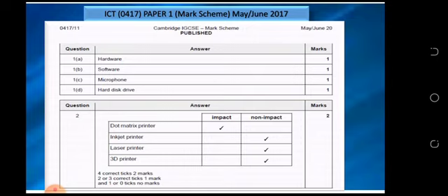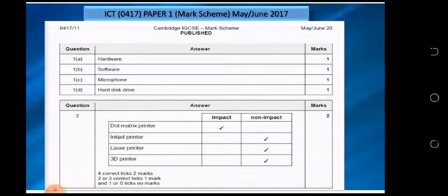Now this is the mark scheme for the second question. For dot matrix printer, you can see that they tick impact. So it means that dot matrix printer is an example of an impact printer. Then inkjet printer, they tick non-impact. So inkjet printer is an example of a non-impact printer.